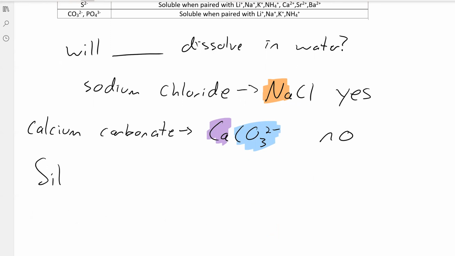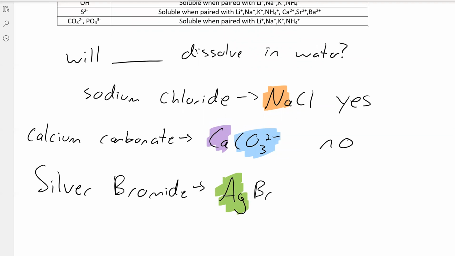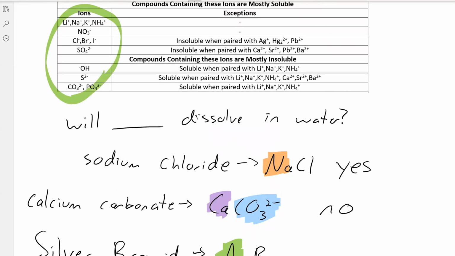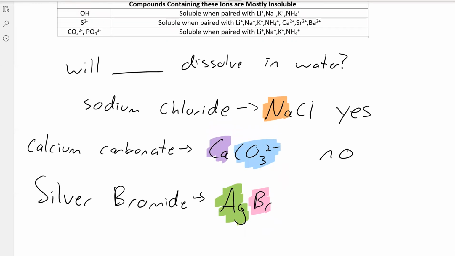And then finally, let's take a look at silver bromide. Silver gets the symbol Ag, and it always has a charge of +1, and then bromine is Br-. So our formula here is AgBr. Let's take a look at our first component, silver. I don't see silver anywhere there, so I'm going to go to the next part of my component, which is our bromide, our Br-.